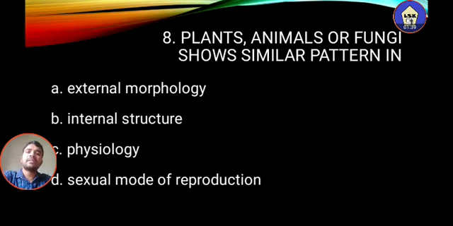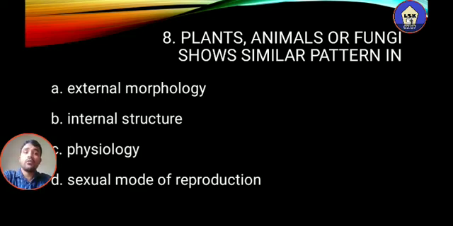External morphology is definitely different because they originated from different ancestors, totally different. They belong to different kingdoms also. Even internal structure is different. Physiologically they are totally different, because plants are autotrophic and photosynthesis is found, but in animals no such process. So physiologically many differences are there.